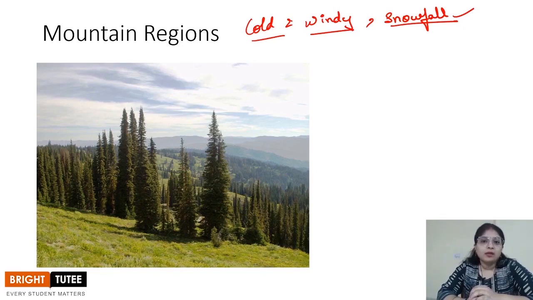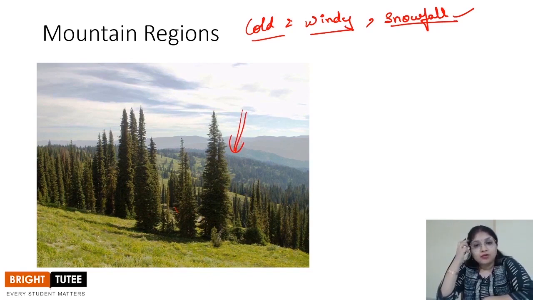When we talk about the animals, they need to preserve themselves from the cold. And when we talk about the plants, you must have seen these kinds of plants which are very unique, and are usually seen in the mountain regions.